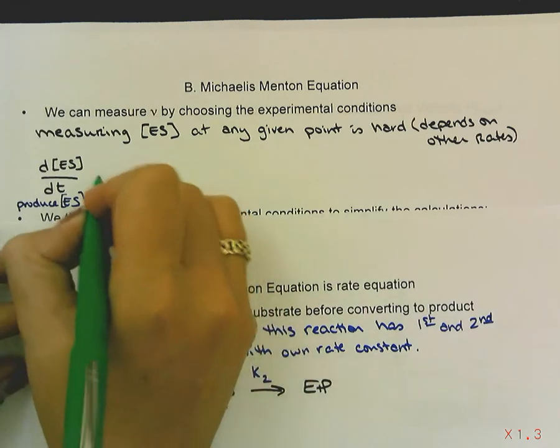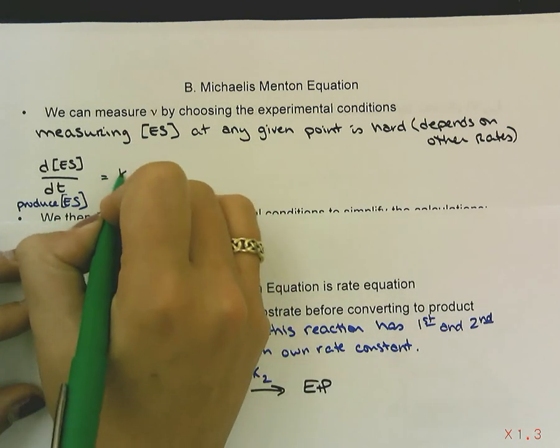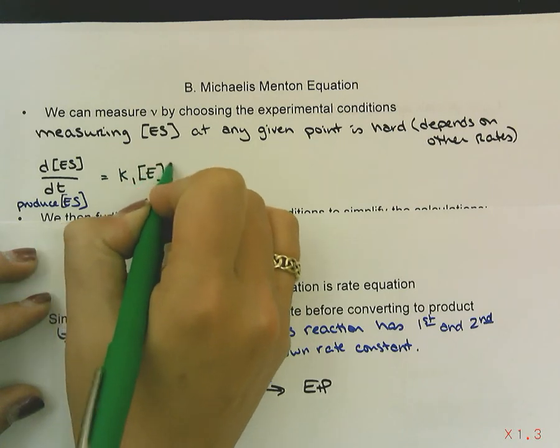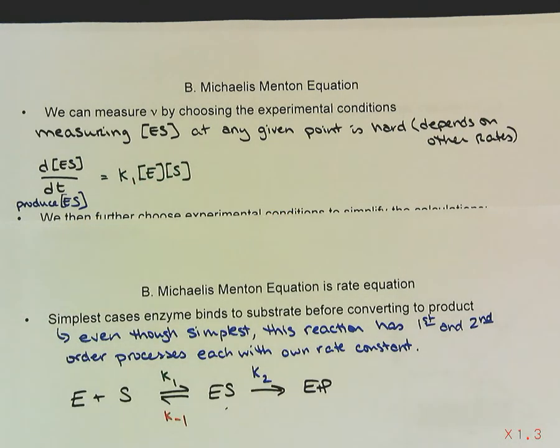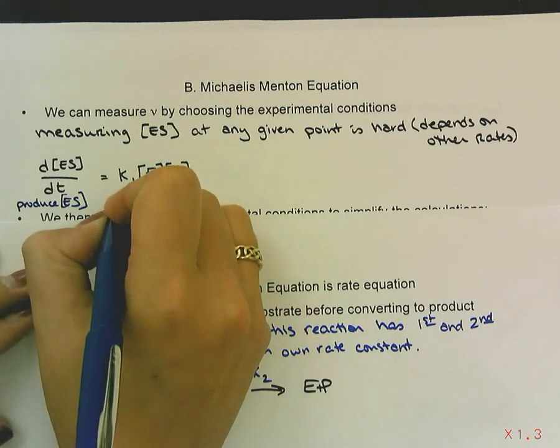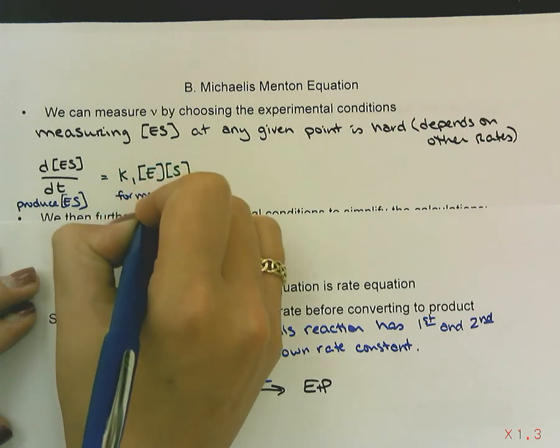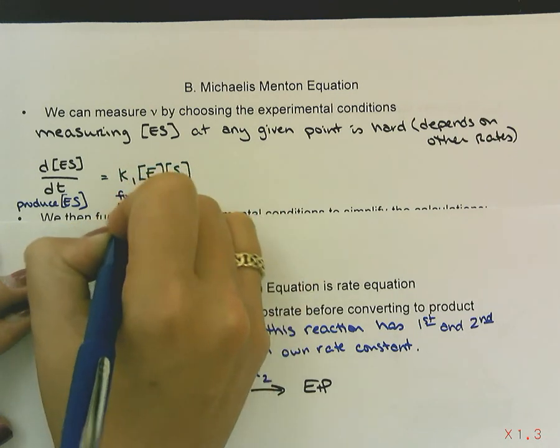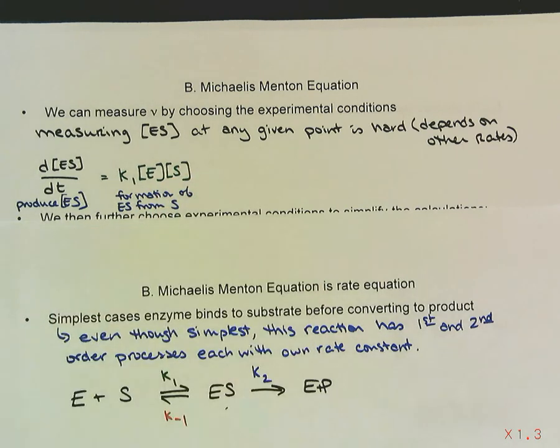got my color coding right. Our K1 value, which we agreed is a second order reaction, which means it depends on both of the initial reactants. And that describes the formation of the ES complex from S. So that's that first step.